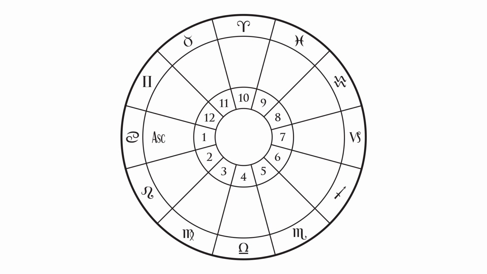And then to calculate the rest of the houses, they all coincide with the subsequent zodiacal signs in zodiacal order, which is counterclockwise. So if Cancer is the first house, then the next sign in zodiacal order, which is Leo, becomes the second house. The sign after that, Virgo, would become the third house. And the sign after that, Libra, would become the fourth house, and so on and so forth.